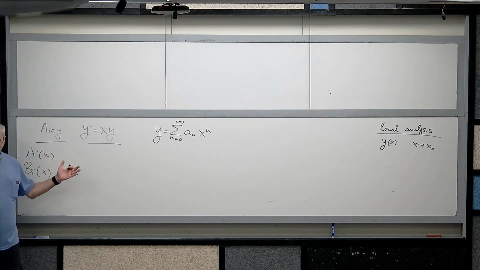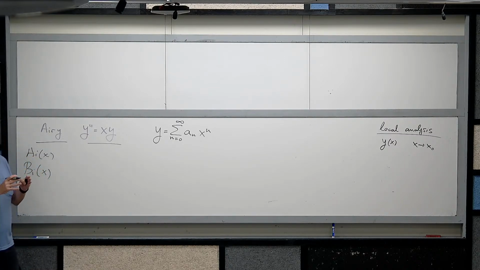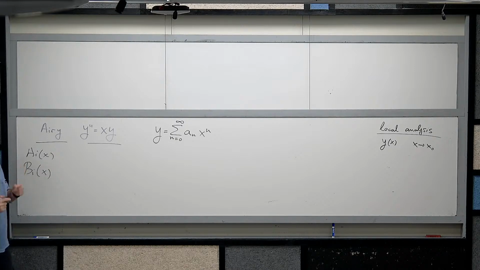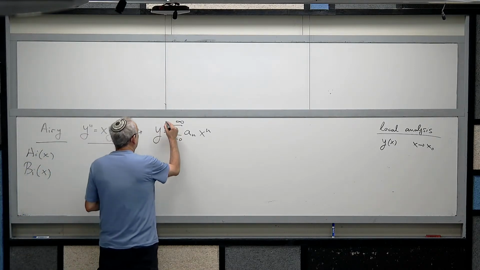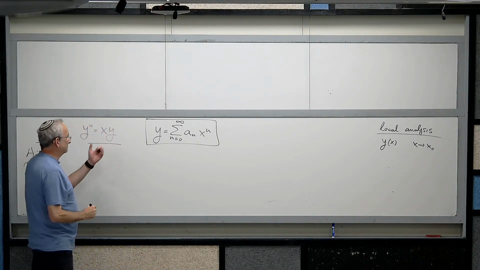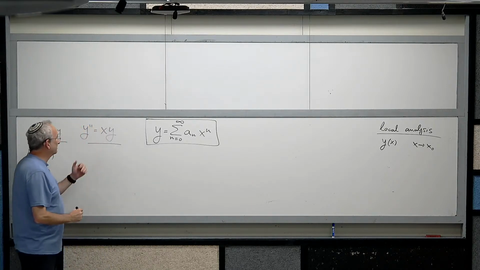Okay, let's do that. Again, now it will involve some complex calculations, but try to defocus from the calculations to see the general picture. So our attempt now is to take this expression and to plug it here.